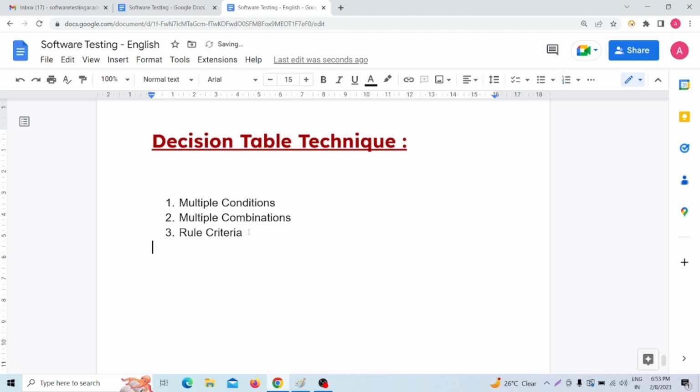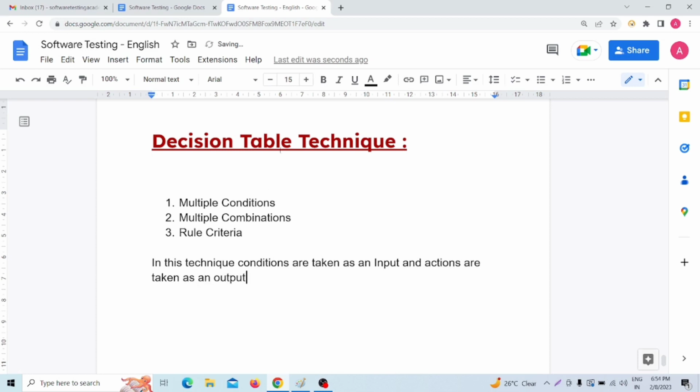So I have noted it down. In this technique, conditions are taken as an input, and whatever actions we get, the actions are taken as an output.